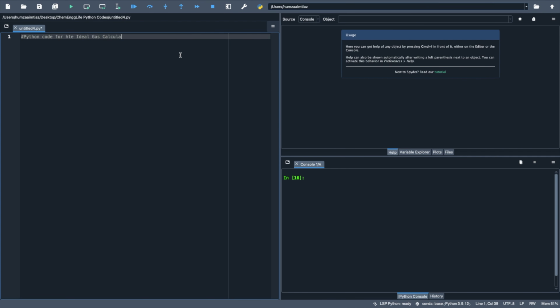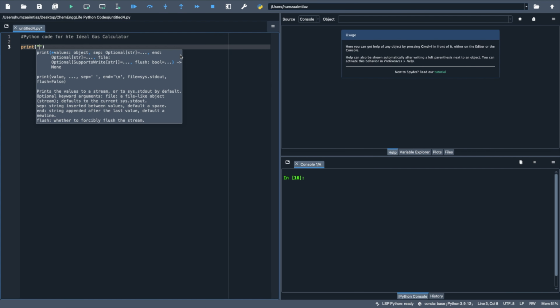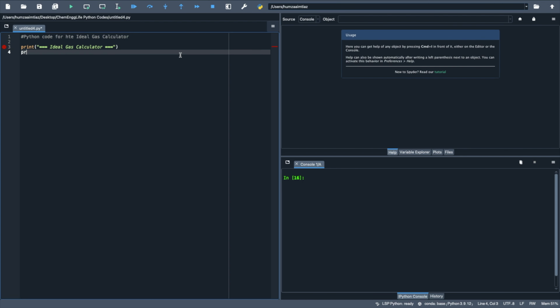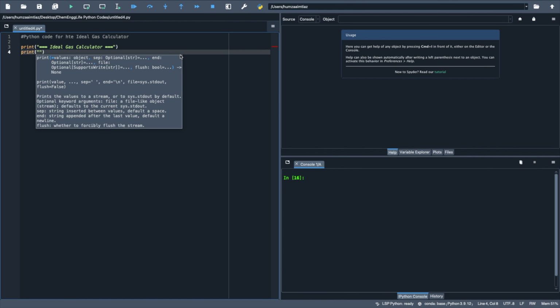To make it more user friendly, we're going to start by making a heading, which is Ideal Gas Calculator, followed by 3 equal signs. Then, since the user needs to define which variable should be calculated, they need to write an x for it. So we're going to write: x for the variable you wish to calculate.